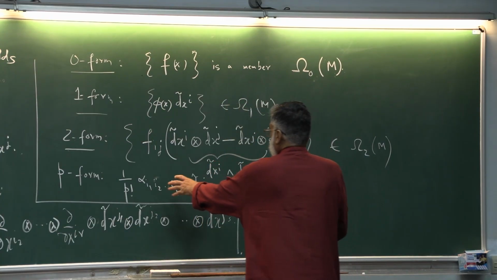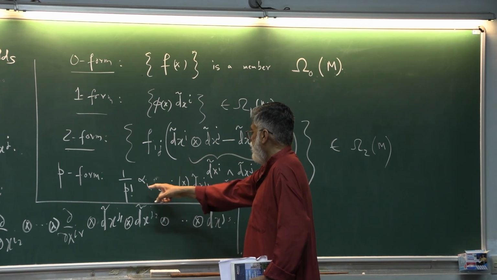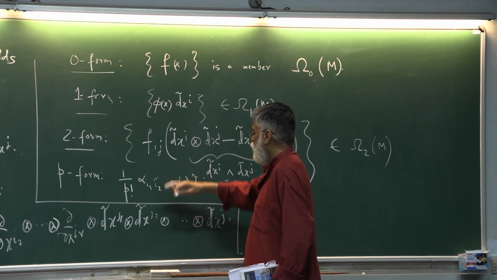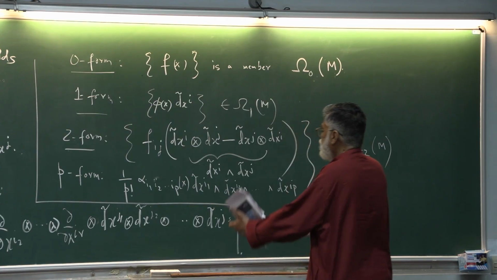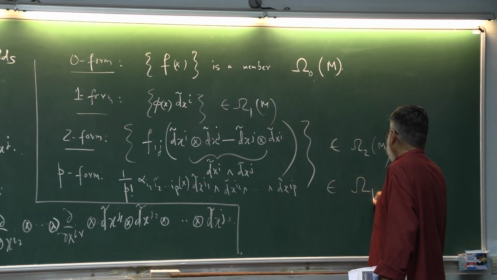So these are all antisymmetric covariant tensors, and the class of all such p forms is a member of Omega p M. Okay.